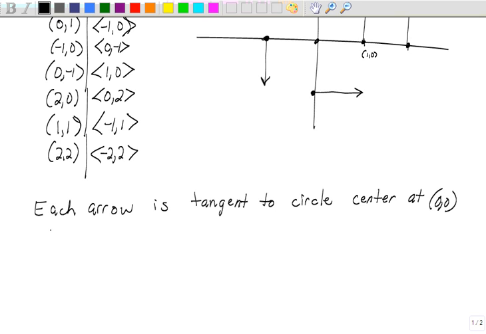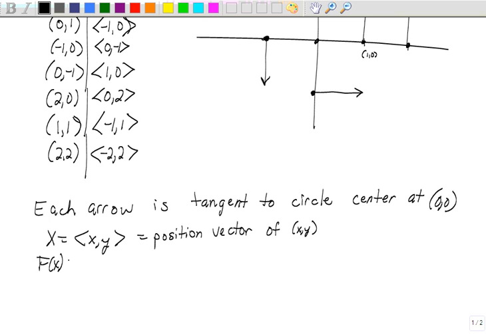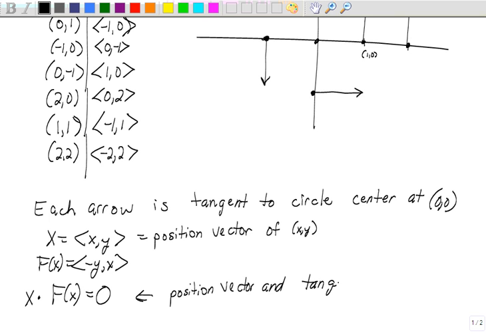If x is the position vector of the point with the terminal point x, y, and f of x is minus y, x, then if we dotted these, we get 0. So this says that the position vector and the tangent vector are orthogonal. That tells you that you're on a circle.